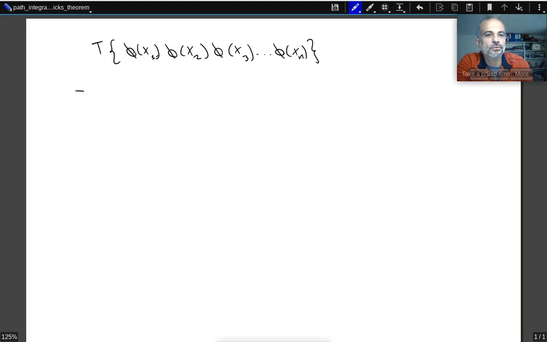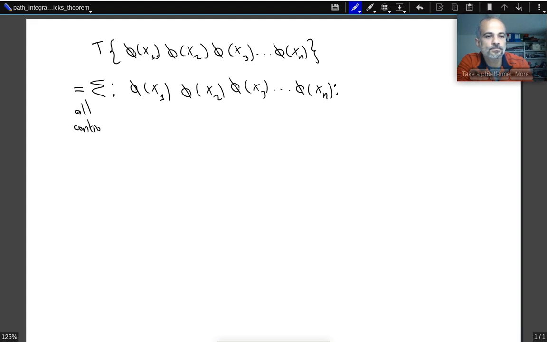This will be equal to just the normal ordered products of these fields with all possible contractions. Contractions meaning they will be replaced by propagators.